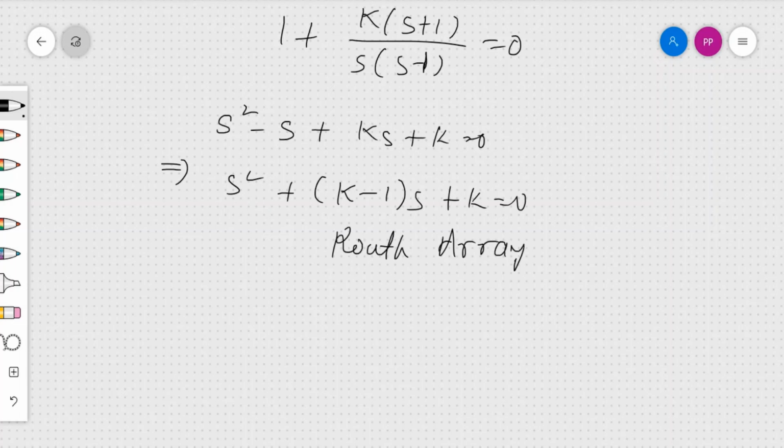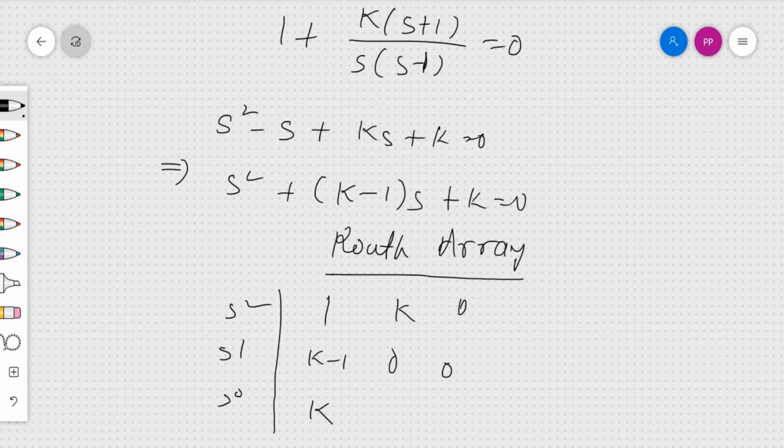Routh array as s square, s power 1, s power 0, divided by 1, k minus 1, k. Here we have 0 and all 0, so this is also k and others are 0. So from here we can verify that if this is all 0, then this can give us the auxiliary equation. Therefore we need to make k minus 1 equal to 0, which implies that k equals 1, and once k equals 1 we have s square plus k as the auxiliary equation.